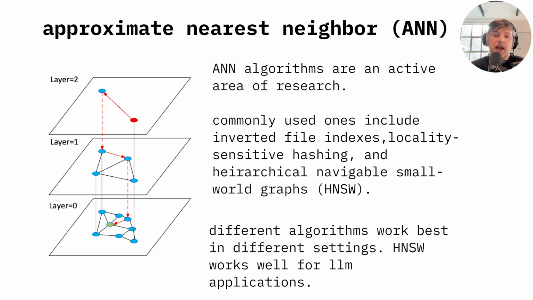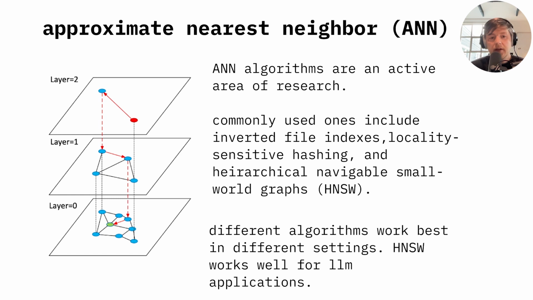ANN algorithms are an active area of research, and there's a lot of different ones. Commonly used ones include things called inverted file indexes, locality-sensitive hashing, and hierarchical navigable small world graphs. And if you want to learn more details about each of these, there's plenty of detail available online. Different algorithms work best in different settings.